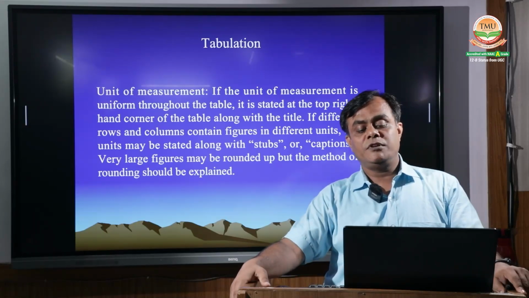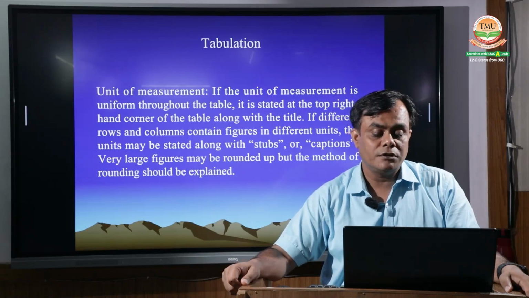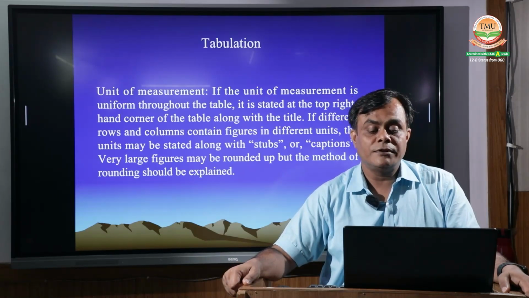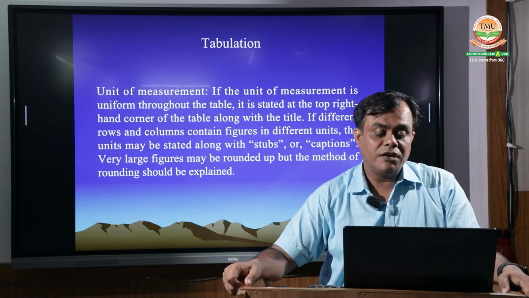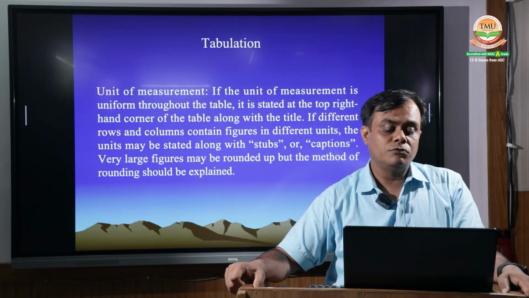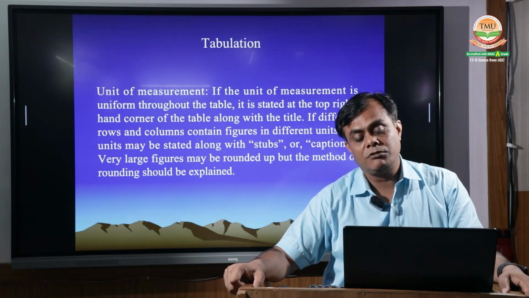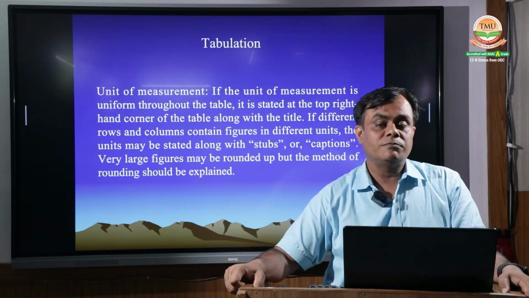So sometimes if you are putting statistical figures, you also mention the unit of that figure. Every large figure may be rounded by a method of rounding, and the rounding should be explained. So whatever figure you are rounding, that should be explained at the bottom of the table.